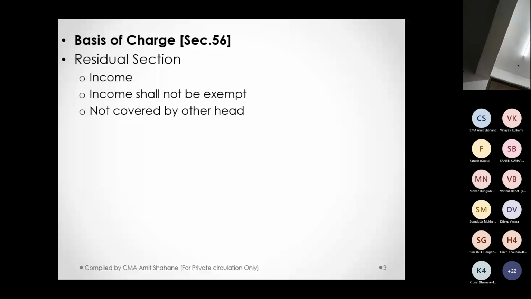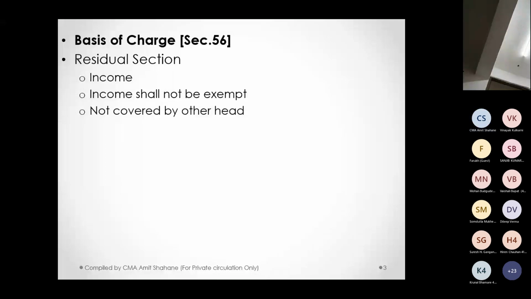Now, why I'm saying that this basis of charge is very important: let me go slightly to income from salary, where you must be aware of the basis of charge. One of the prerequisites of income from salary is that there has to be an employer-employee relationship.